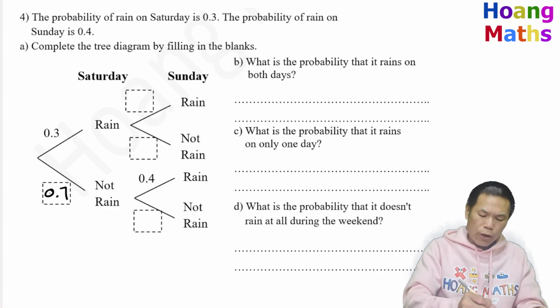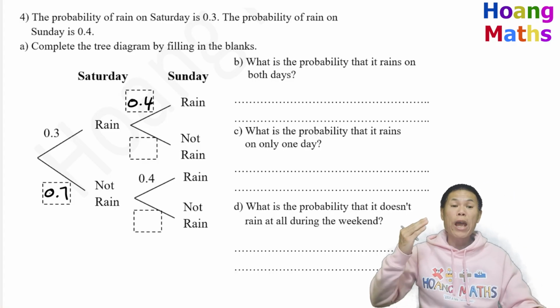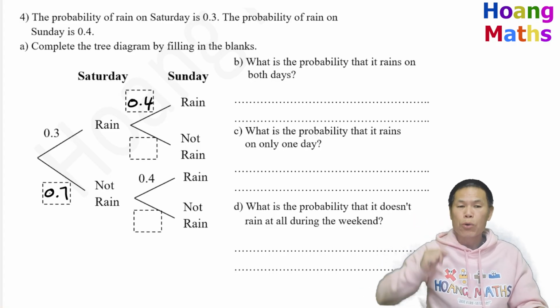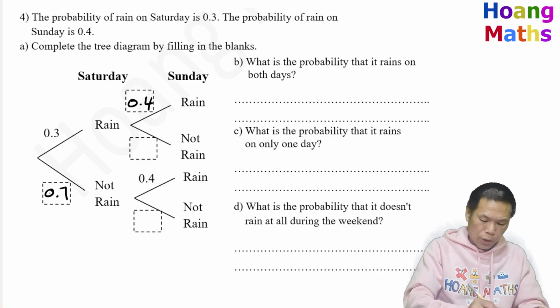So that means rain on Sunday is 0.4 here. And not rain will be 0.6 because 0.4 plus 0.6 gives me 1. So not rain on Sunday in here is 0.6.